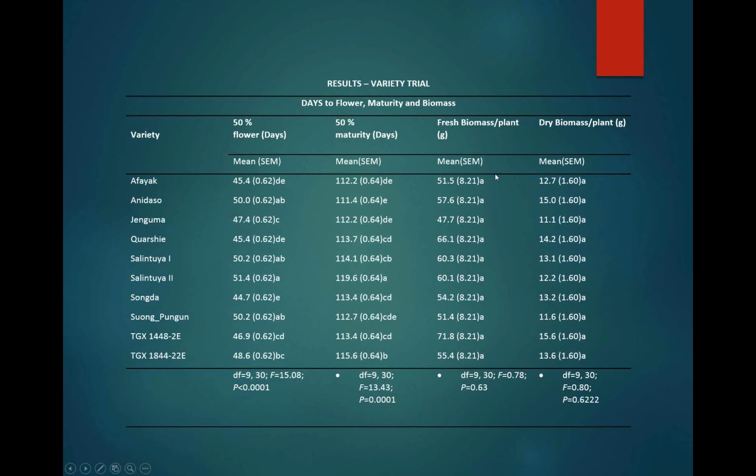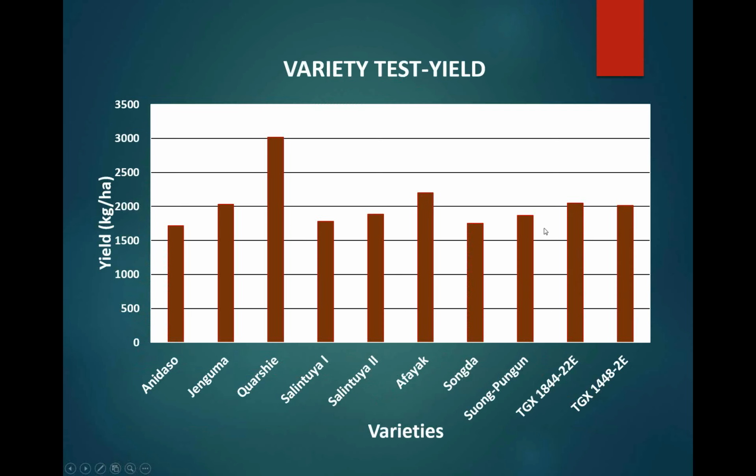I had no differences in terms of biomass among the varieties, both fresh biomass and dry biomass. For yield, for the variety tests, Kwashi came up very high, up to 3,000 kilograms per hectare, with the lowest coming from Songa, slightly above 1,500.